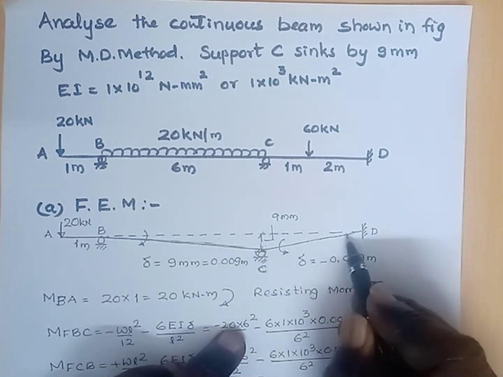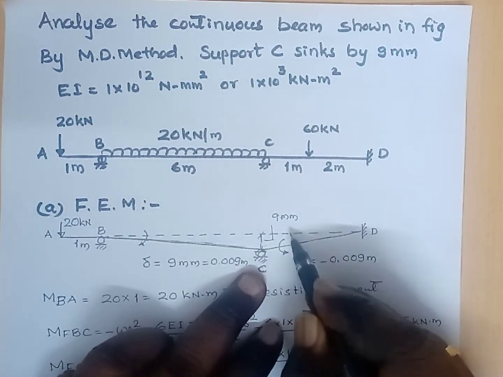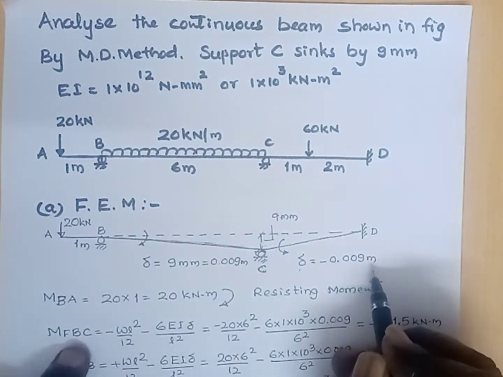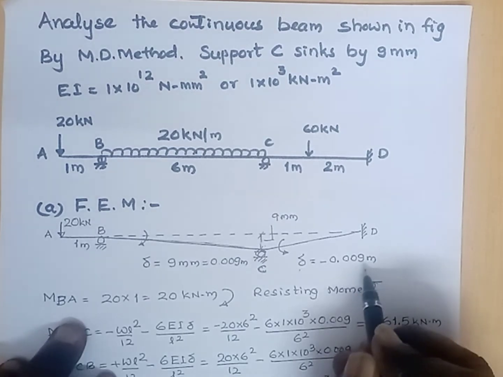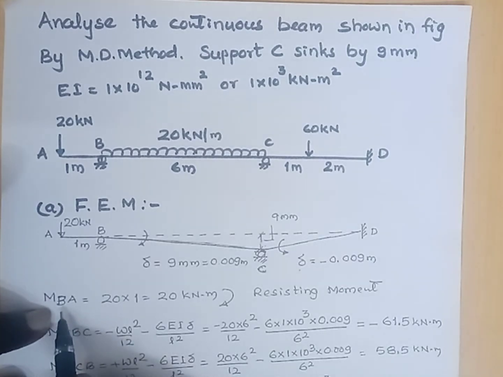Then for this span CD, if you observe this, the rotation is anti-clockwise with respect to the horizontal direction, hence delta is minus 0.009 meters. Convert that into meters.